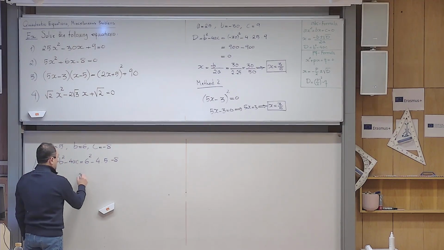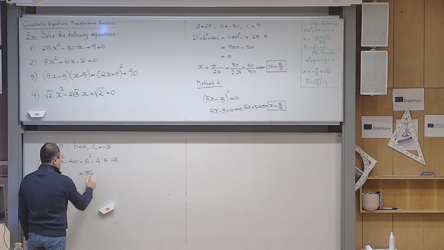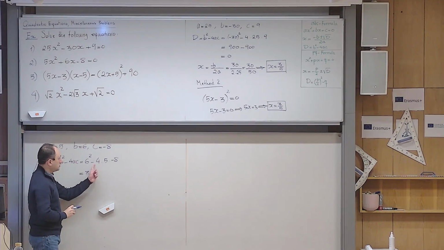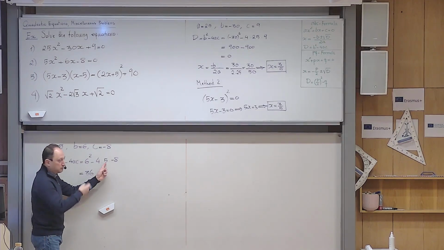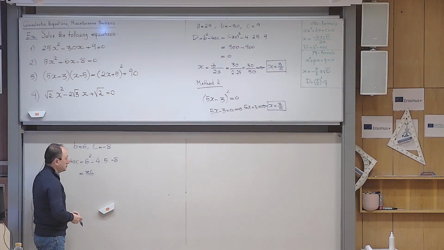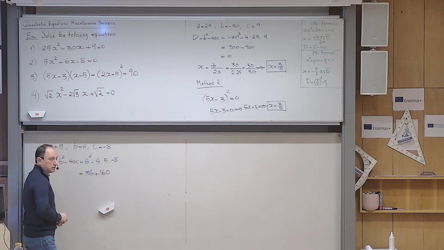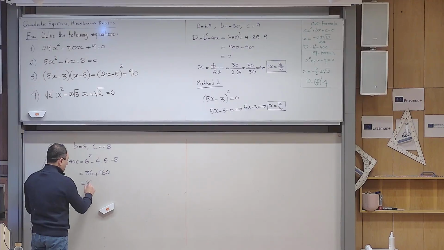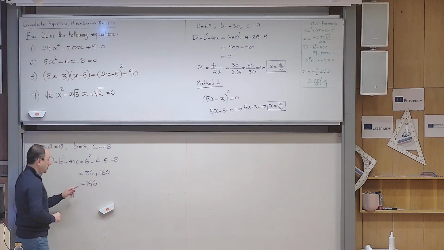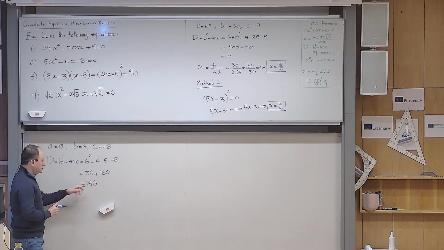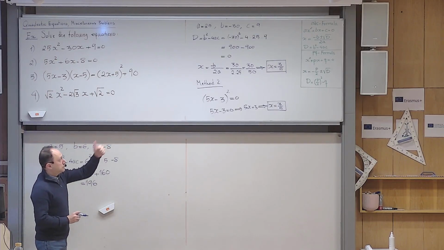So I calculate that 6 to the power 2 is 36. Be careful not to get confused here. Minus 4 times 5 is minus 20. Minus 20 times minus 8 is plus 160. And the answer becomes 196.